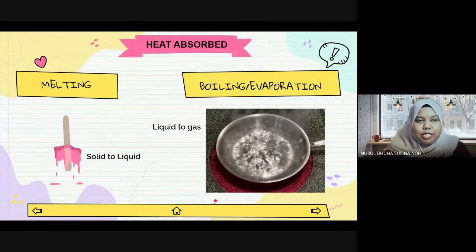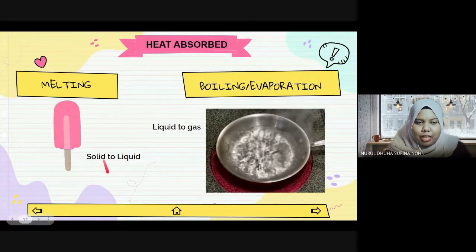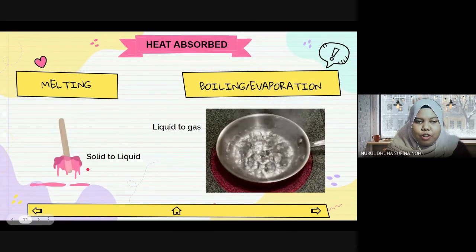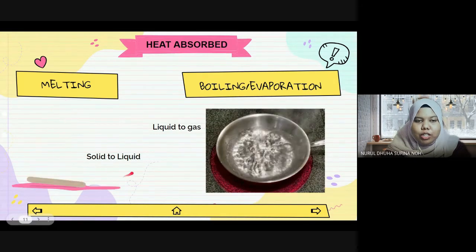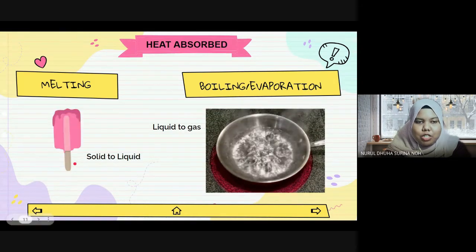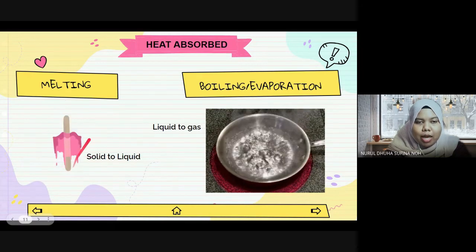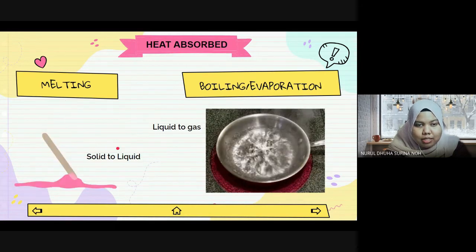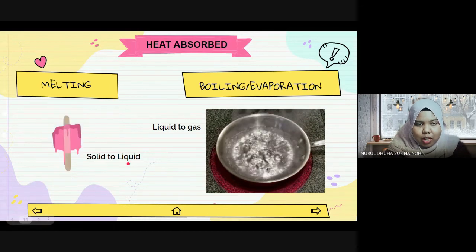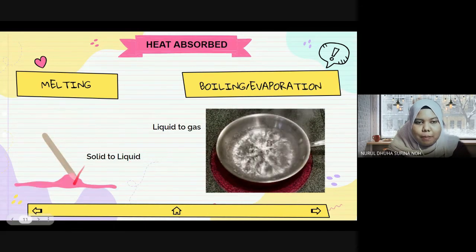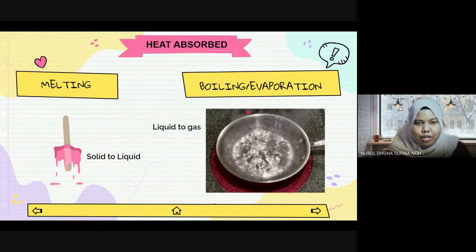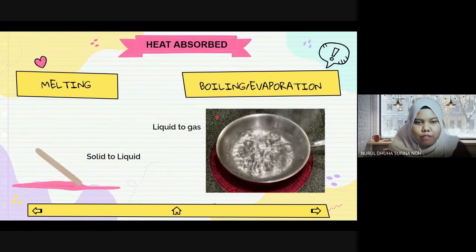The first process is melting. This process involves solid turning to liquid. As you can see in this picture, ice cream which is in solid state will absorb heat, then turn to liquid. This process we call melting. Next, the second process is boiling or evaporation.